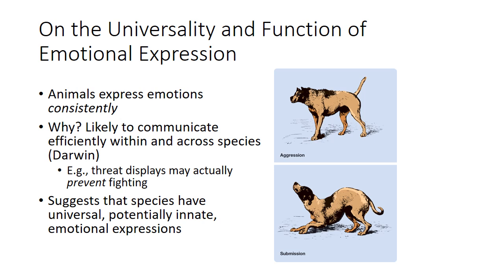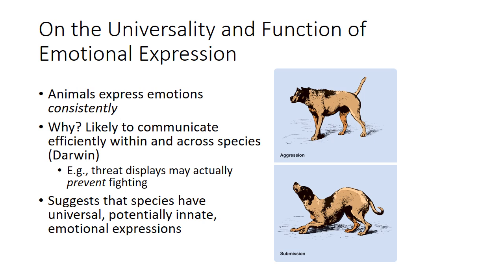preventing fighting, right? So if a dog wanted to fight, it wouldn't put its hackles up and growl. It would just fight. So a dog that puts its hackles up and growls is communicating a feeling, an anger or aggression feeling, which actually might scare another dog off or prompt the dog to display a submission feeling, of fear, so that the fight can be avoided.